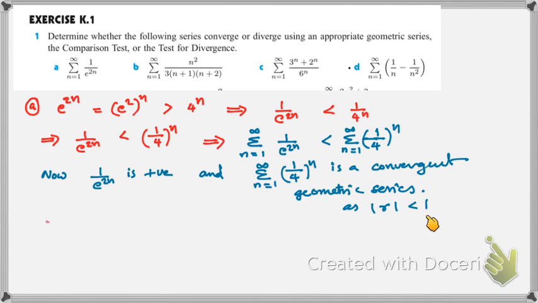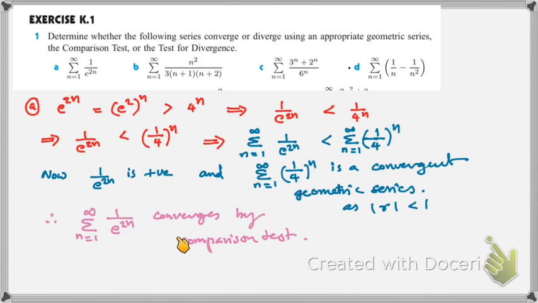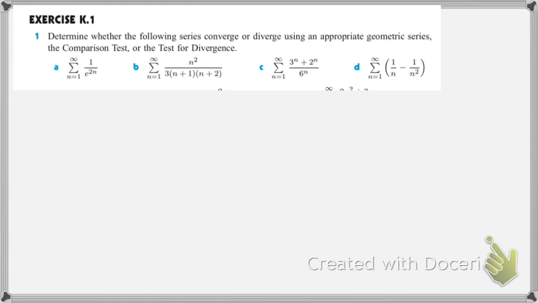So what we have got here is that sigma n equal to 1 to infinity of bn is convergent, and our an is less than bn. And if bn is convergent, then an has to be convergent. So we say sigma n equal to 1 to infinity of 1 by e raised to 2n converges by comparison test.